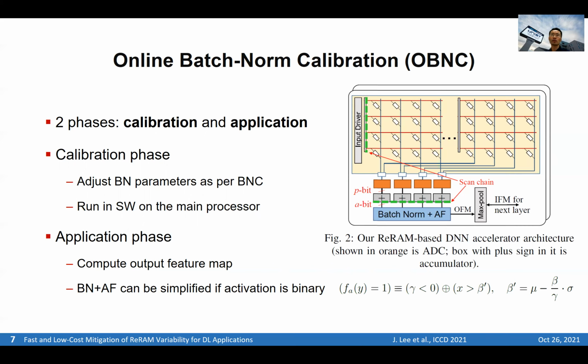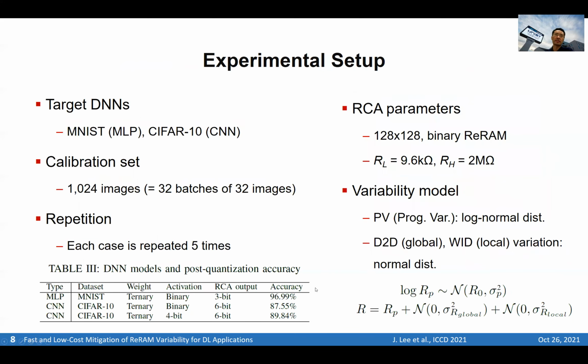To do this, we need to access both input and output of the ReRAM crossbar array, which can be done through scan chain registers, which are there anyway for testing purposes.